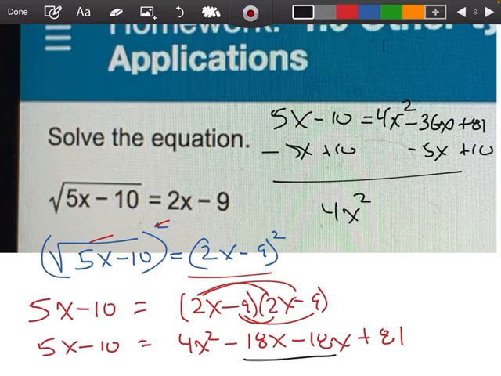So we'll now have 4x squared, let's see, minus 36 and minus 5 is a minus 41x, plus 81 and plus 10 is a plus 91, equals 0. Okay. And now I'm going to do this on the next slide.